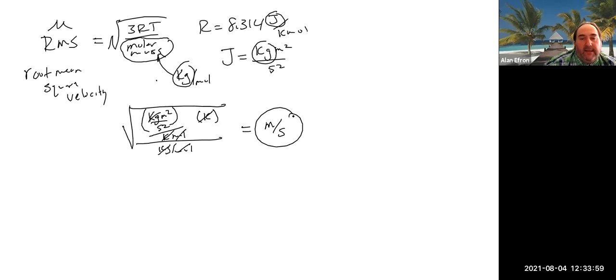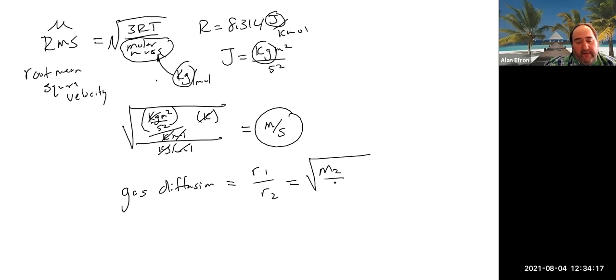We also talked about gas diffusion. Remember that heavier gas molecules move slower than lighter gas molecules. So we could look at the rates of two different gas molecules and use them to figure out the molar mass of one.